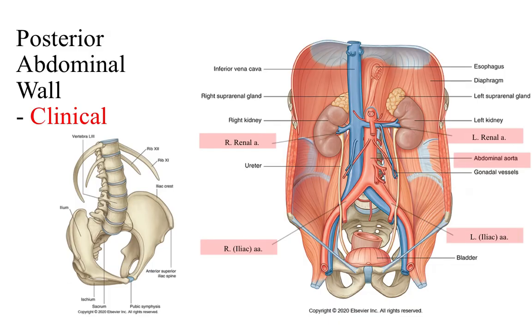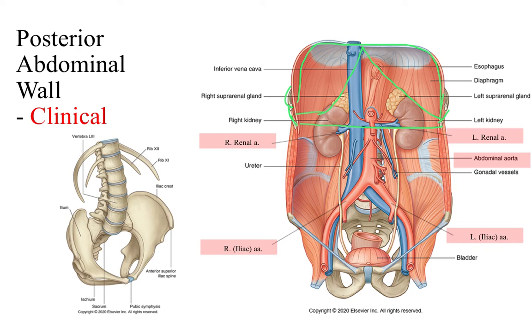All right, now we want to go into your posterior abdominal wall. And of course, I want to show you one thing right here. Here are your ribs, all right? And notice that the abdominal wall extends along with the diaphragm above where your ribs are located. So anything above this line would actually be protected by the ribs, more laterally and posteriorly.